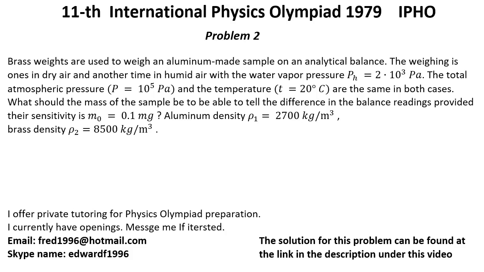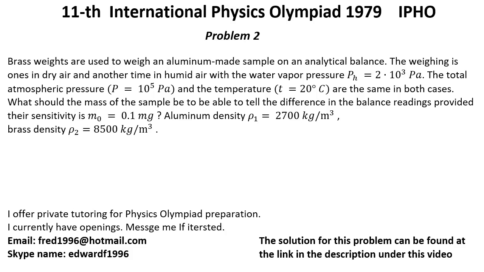Problem number 2. Brass weights are used to weigh an aluminum-made sample on an analytic balance. The weighing is once in dry air and another time in humid air, with the water vapor pressure pH equal to 2 multiplied by 10 to the power 3 Pascal.